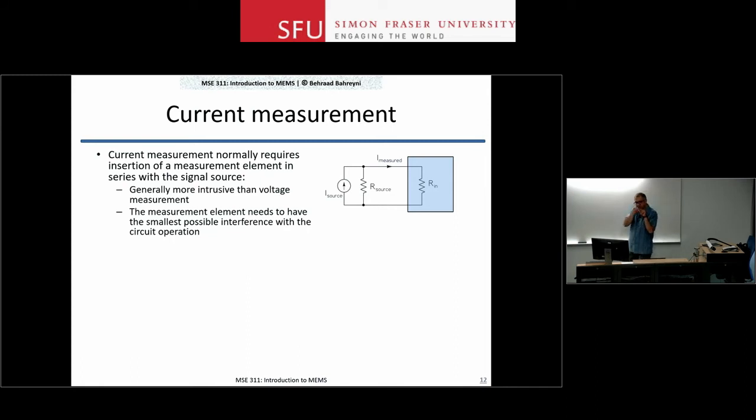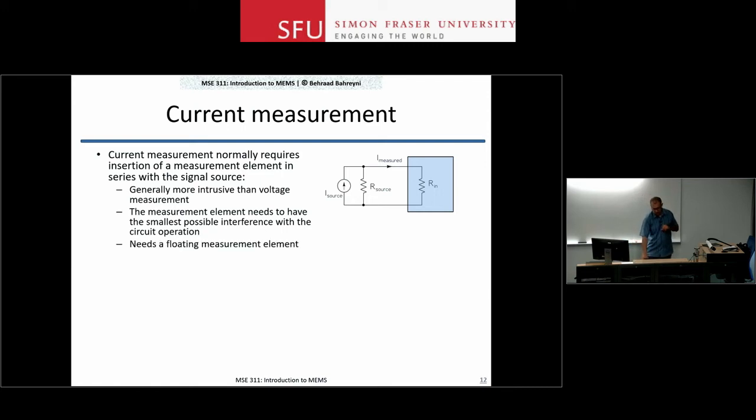And because now you're inserting a new element into your circuit, the challenge is your circuit behavior may change. And that's one problem. And your measurement system, whatever you have here, can start to inject noise into your sensor circuit.